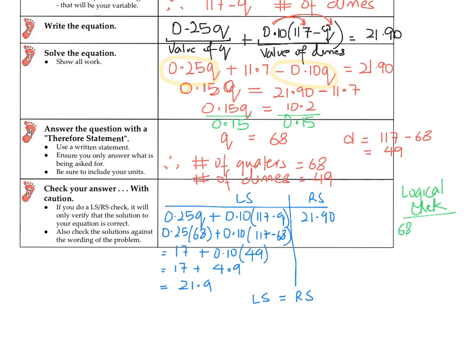So 68 times a quarter, which is worth $0.25, plus dimes were 49 and each dime is worth $0.10. 68 times 0.25 would be 17, so $17 for the quarters, plus $4.90 for the dimes, so that is again $21.90. So we have done the logical check, plus we have done the left side, right side check, and this completes our question. Therefore, there are 68 quarters and 49 dimes.